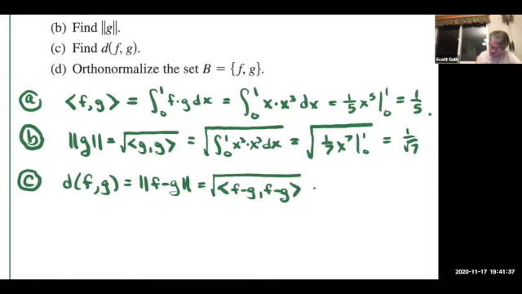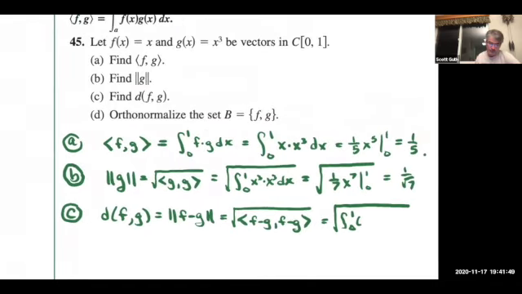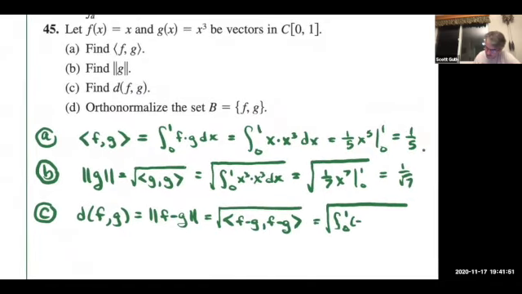So this would be the square root of the integral from 0 to 1. f minus g is just what? That's x minus x to the third.